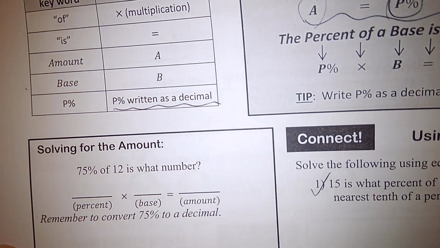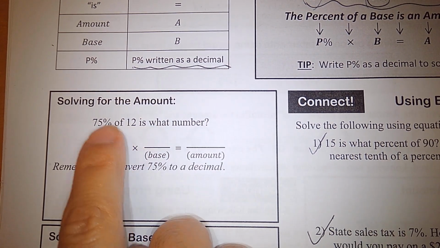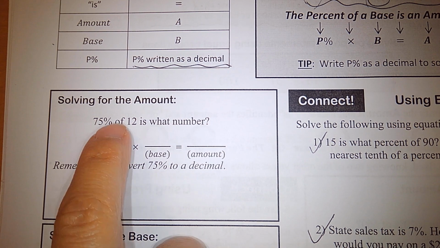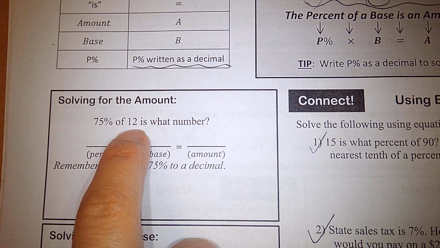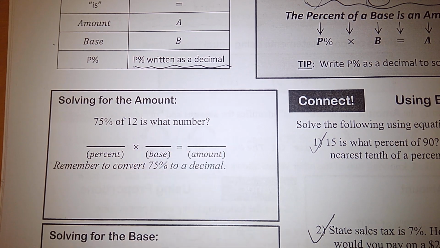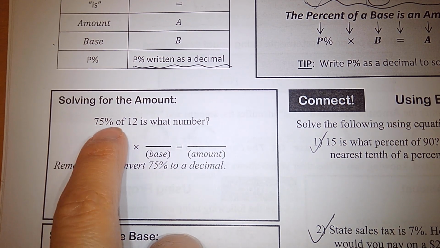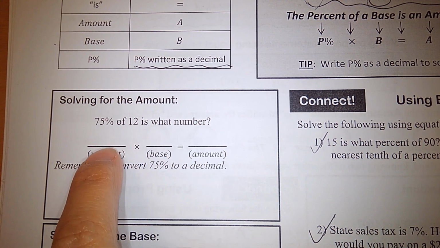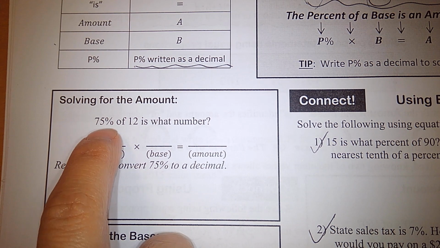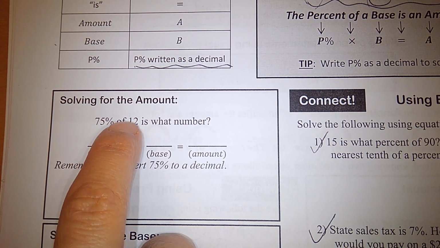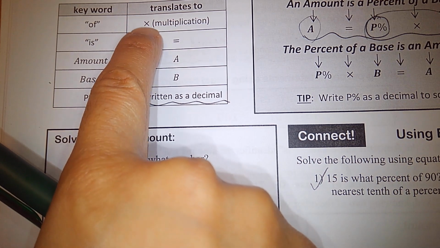Now let's look at our specific examples. Solve the amount, and the question is, 75% of 12 is one number. Let's translate this sentence into a mathematical equation, guys. 75% of 12 is translated to what?